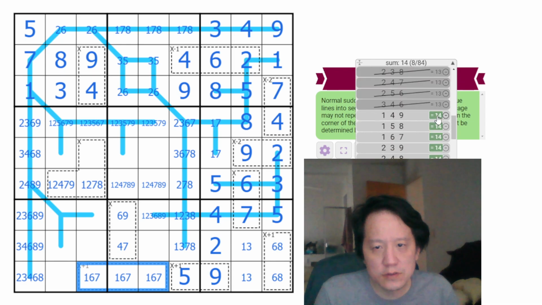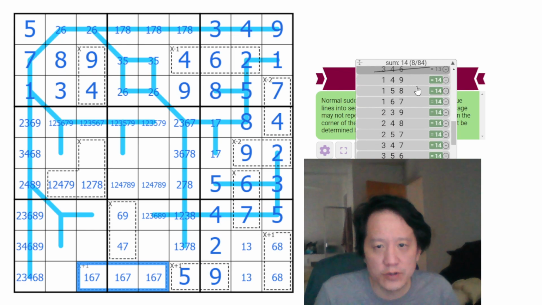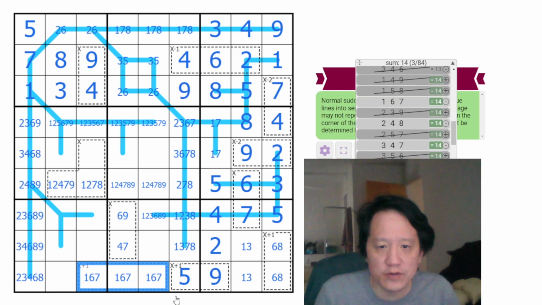Let's use, so that's 14, so it cannot be 1, 4, 9. It cannot be 5, cannot be 9, and cannot be 5. So it's 1, 6, 7, 2, 4, 8, or 3, 4, 7. So if it's 2, 4, 8, it can still be there.